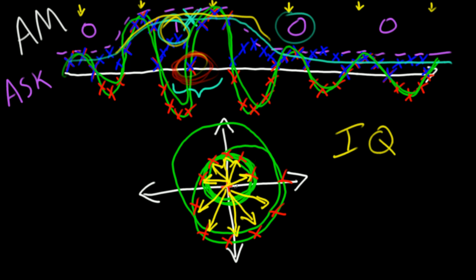So if we wanted to find this first sample here, take its magnitude, or its distance from the origin, then we would take its I value, which is this horizontal component, and then its Q value, which is the vertical component, and we could use the Pythagorean theorem, and this distance from the origin would simply be the square root of I squared plus Q squared.